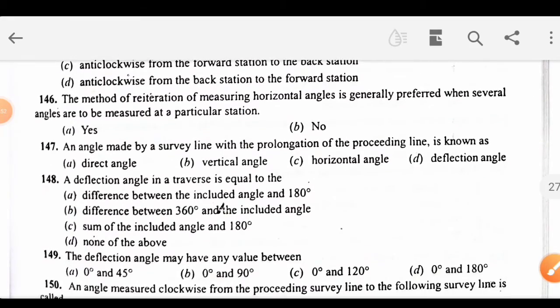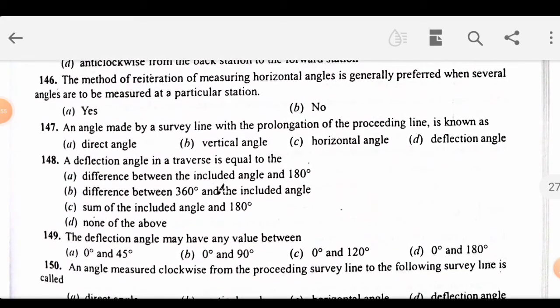146 नंबर, the method of reiteration of measuring horizontal angle is generally preferred when several angles are to be measured at a particular station. It is correct.